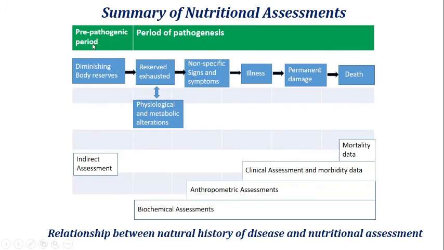But then after the disease-causing agent enters the human body, as I mentioned, the agent is not necessarily the pathogens, but also nutrient agent can be there. So physiological and metabolic alterations can happen. Starting from that, we can do biochemical assessment. So through biochemical assessment, we can identify the malnutrition or the disease after the disease-causing agent enters the human.